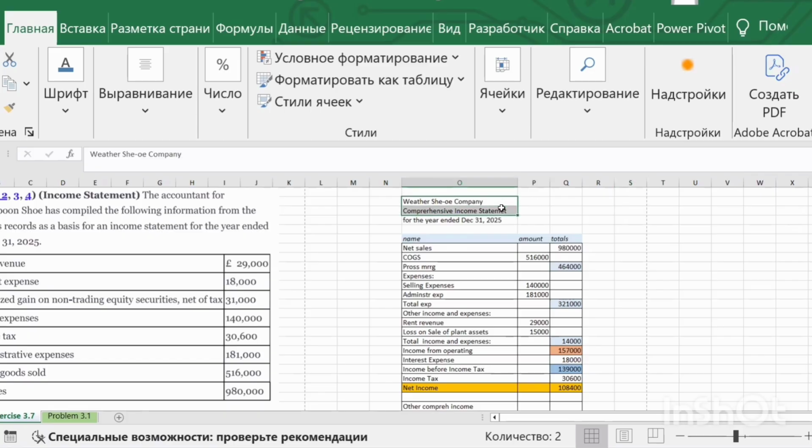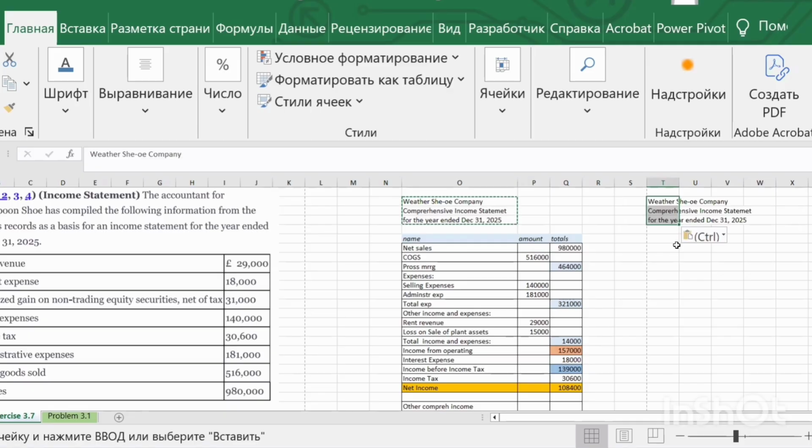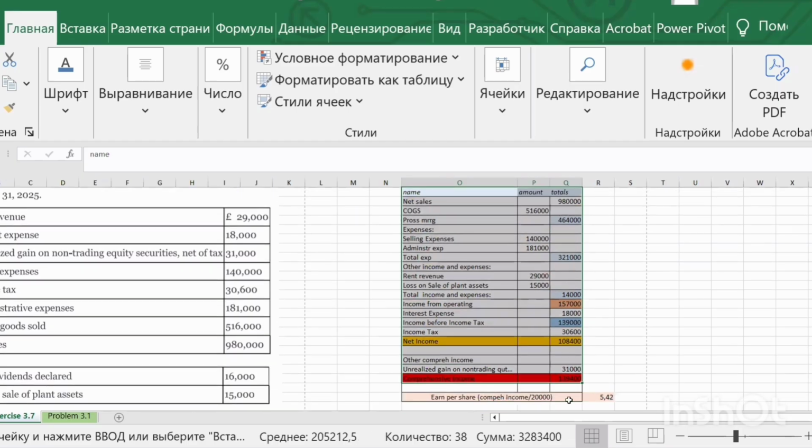Firstly, we should start with the name of the company, also the name of the financial statement, but in our case it's not a comprehensive income statement, but just the usual income statement, and the period for the year ending December 31. I just use Control C and Control V. After that, I also copy this similar table.